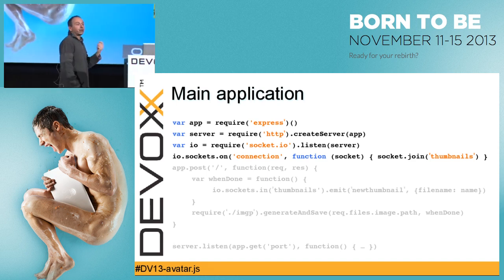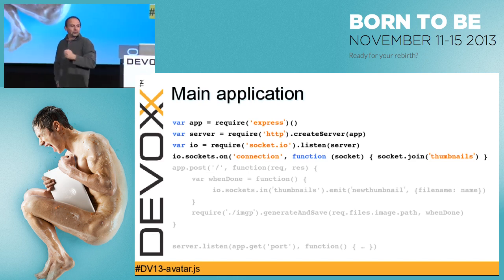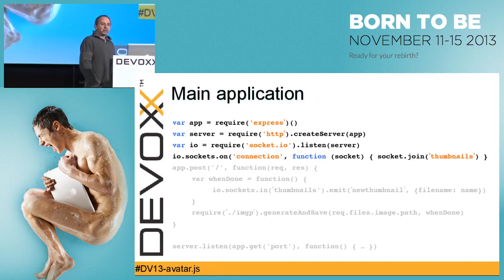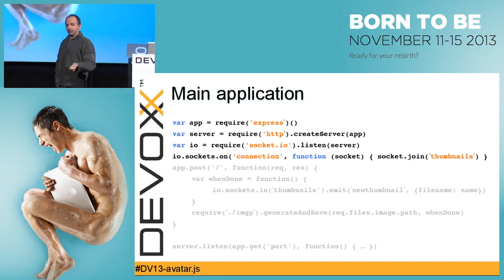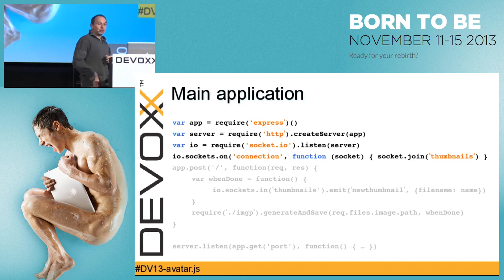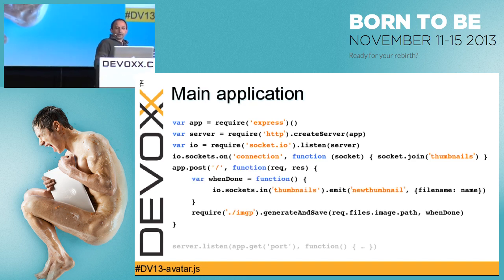The callback can take parameters. In this case, it's this socket abstraction, this WebSocket abstraction, that I am going to join to the thumbnails room. Each time a new connection is established, we take the socket and put it in this thumbnails room, in which we will broadcast a new thumbnail event.